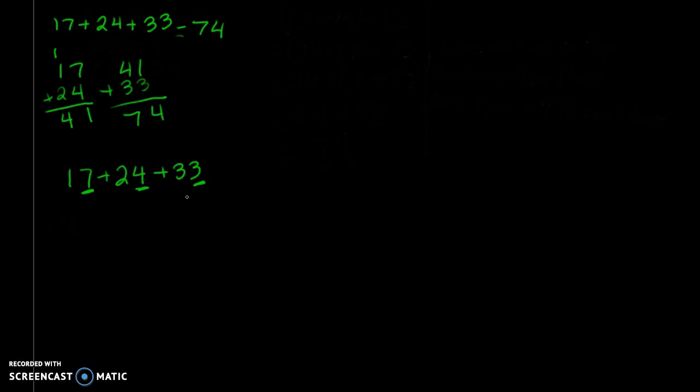If we added 4 and 3, that will give us 7, which is not 10. So we can't add 24 and 33. But if we add 7 and 3, that will give us 10. So we can add 17 and 33 together. So we're going to want to rearrange this equation so that we can add 17 and 33.